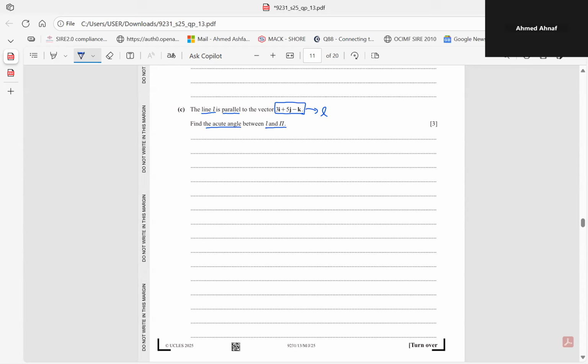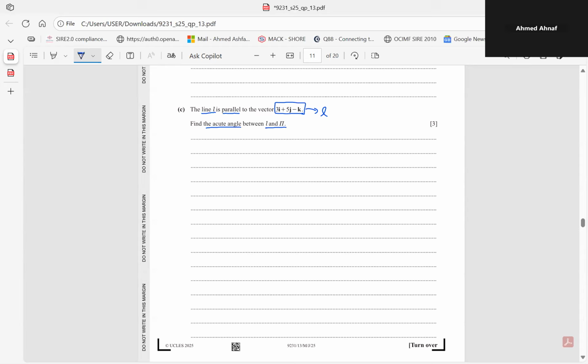Okay, so let's take the scalar product. So let's write down the formula. So this is n dot L equals modulus of n times modulus of L times cosine (90 degrees minus theta).